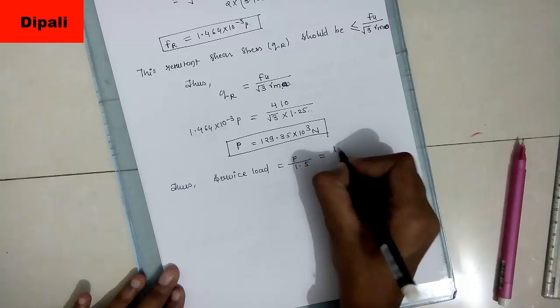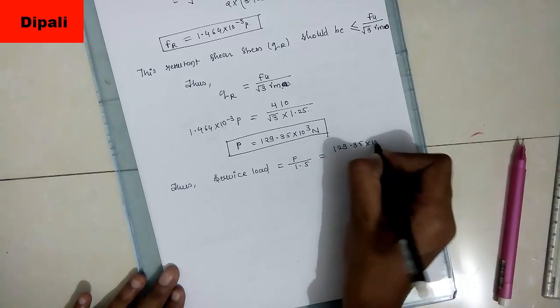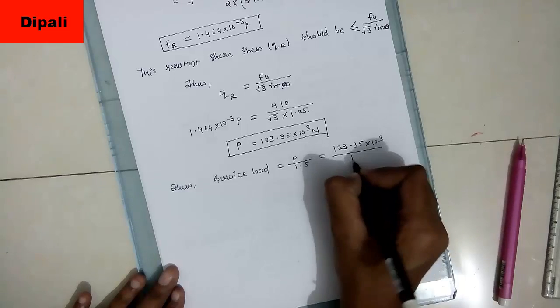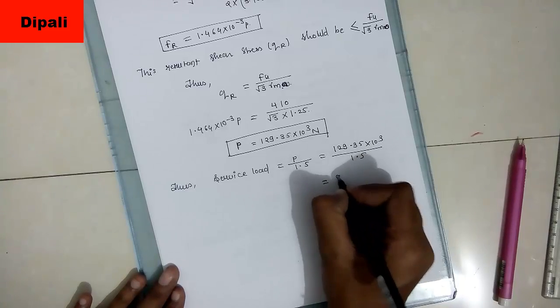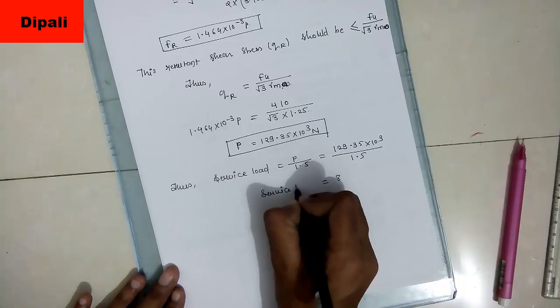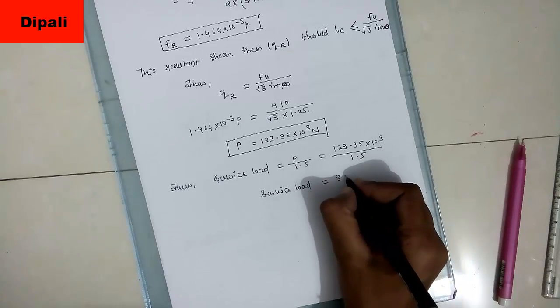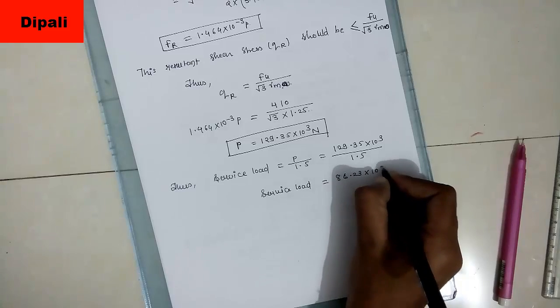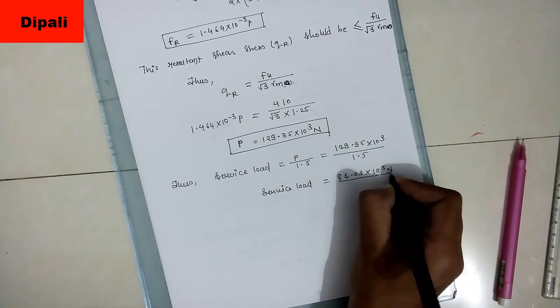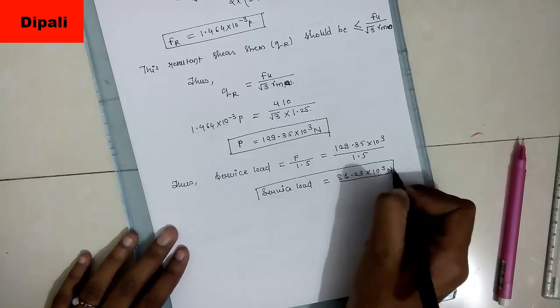So we know the value of P is 129.35 into 10 to the power 3 upon 1.5. After the calculation, we get service load equals to 86.23 into 10 to the power 3 Newton. This is the value of service load.